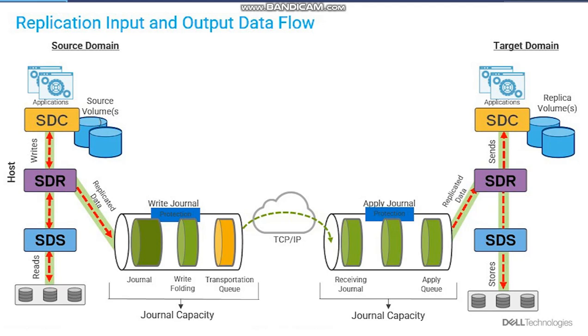The write and apply journals are protected remotely through the respective journal capacity. The journal capacity is not controlled or managed by PowerFlex Manager. However, once the data is replicated into the target protection domain, PowerFlex Manager for that domain will now manage and operate how the data is transferred.